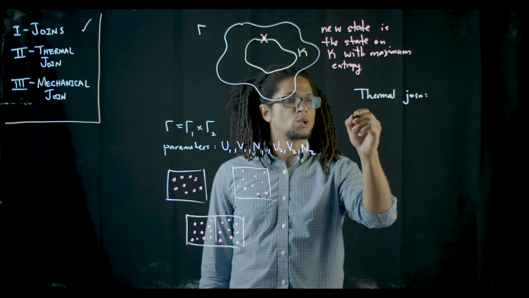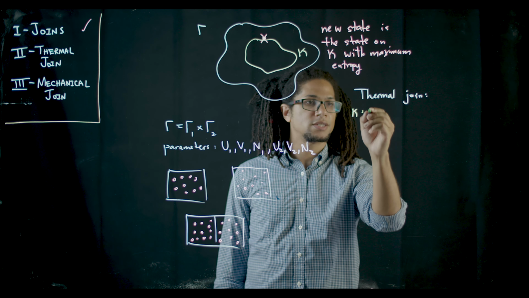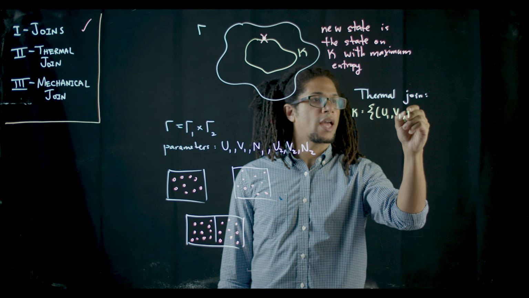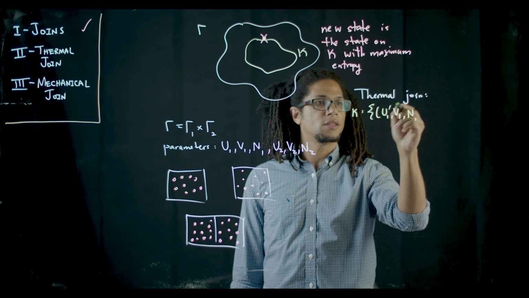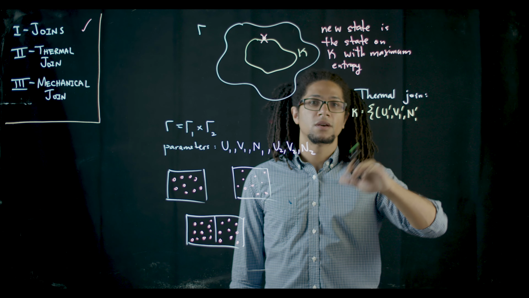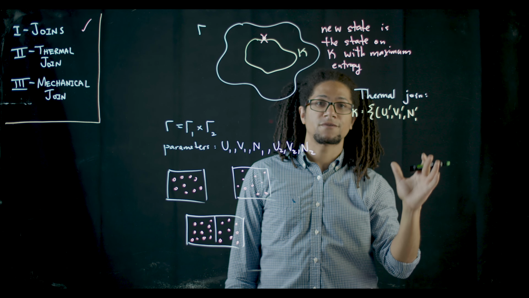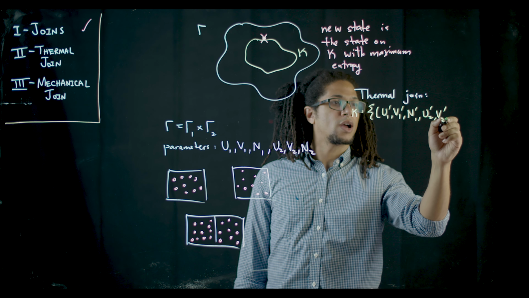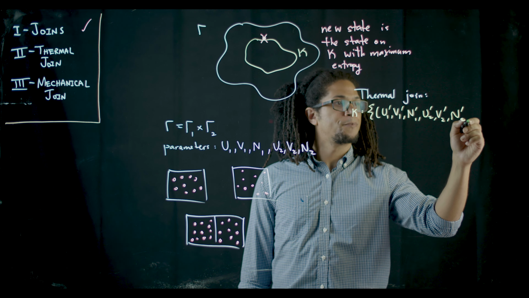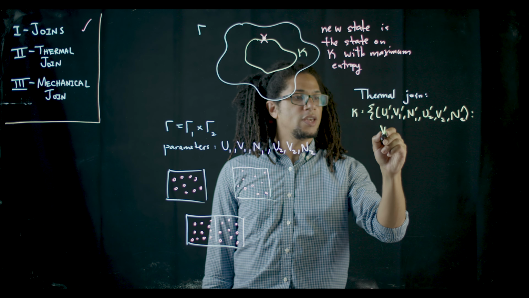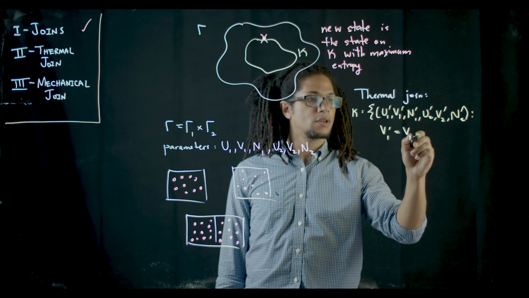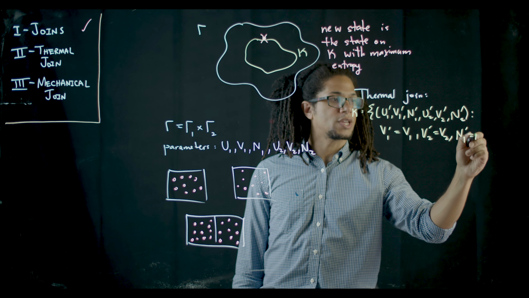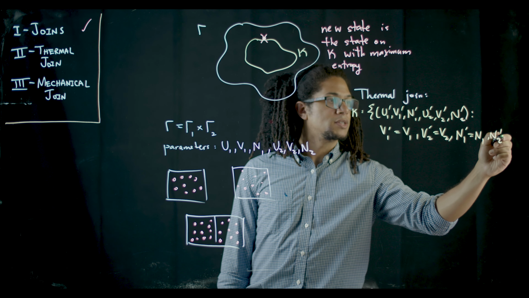But in any case, for the thermal join, kappa is going to be the set of all U1, V1, N1, and let me actually say these are primed, which I'll take to mean the possible values of these parameters after the join operation, U2 prime, V2 prime, N2 prime, such that V1 prime is equal to V1, V2 prime is equal to V2, N1 prime is equal to N1, N2 prime is equal to N2.